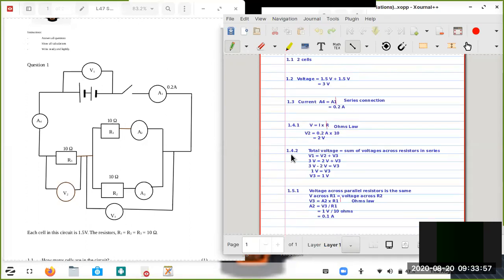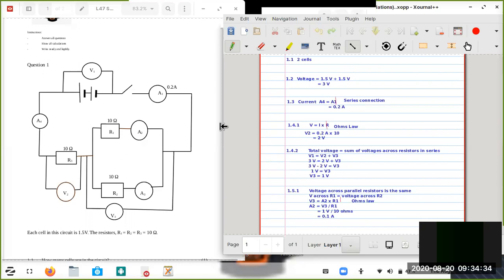Then 1.4.2, the total voltage is equal to the sum of voltages across resistors in series. Whenever resistors are connected in series, the total voltage supplied by the source of electricity will be equal to the sum of the voltages across resistors connected in series. So to find the total voltage across the source of electricity, according to the question, it's V1, which is the voltage across the battery.